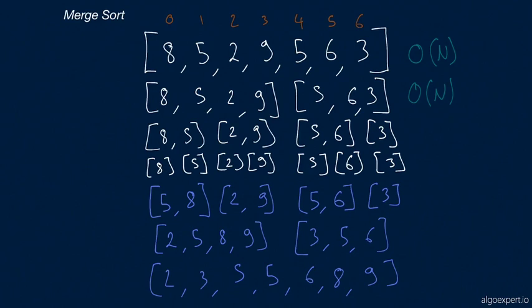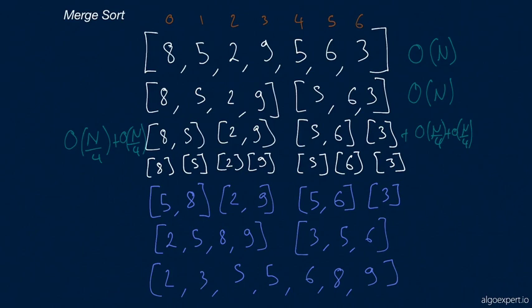So now let's dive into the subarrays. How much time does it take for these? Again, we know that it takes O of n time for the top array, and for the next level we've got 4 subarrays, each roughly the length of our input array divided by 4. So it's going to be roughly O of n divided by 4 plus O of n divided by 4 plus O of n divided by 4 plus O of n divided by 4.